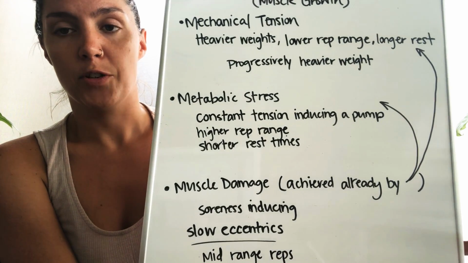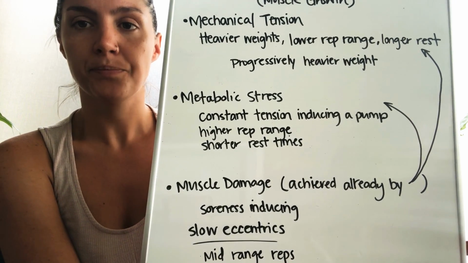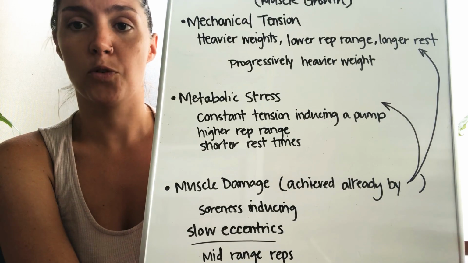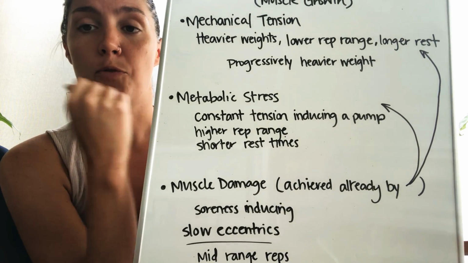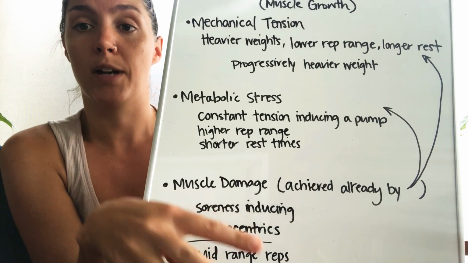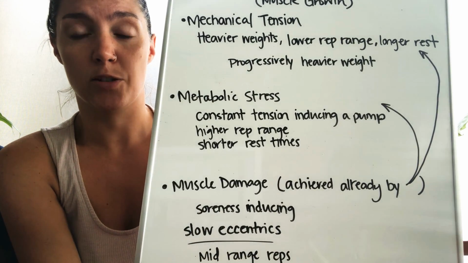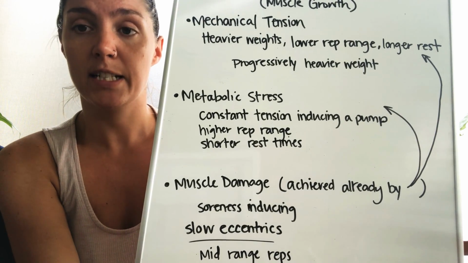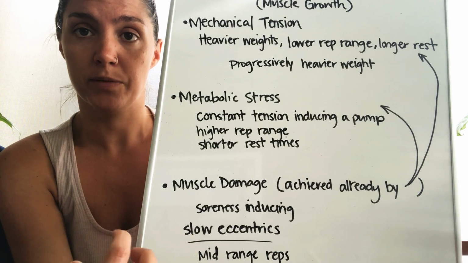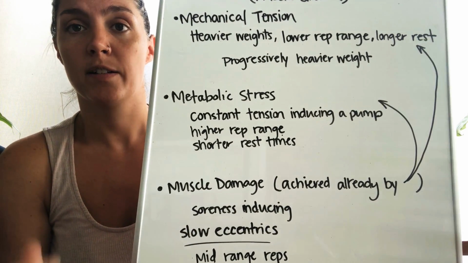So if you think about it, if you're keeping a constant tension on the muscle, and let's say each rep takes 4 seconds, and let's say you do 12 reps, that's 48 seconds, almost a minute, of constant time under tension for your muscle for that set.